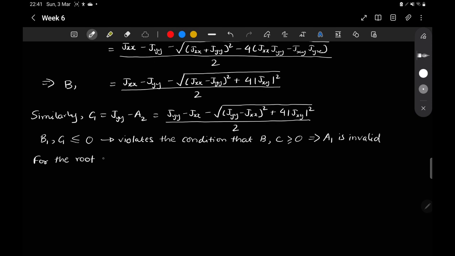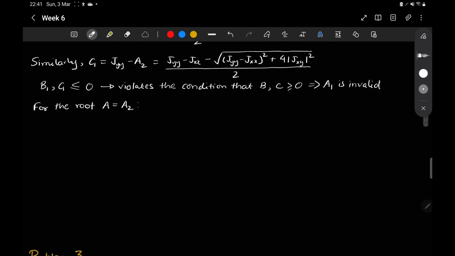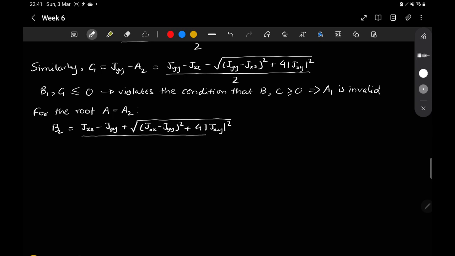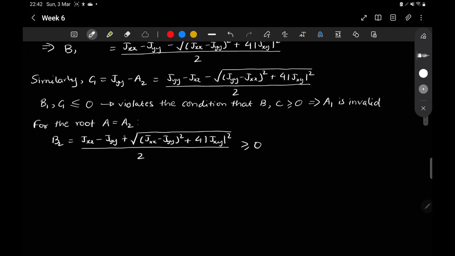Now let us look at the other root. And this will be positive now because of this plus sign.